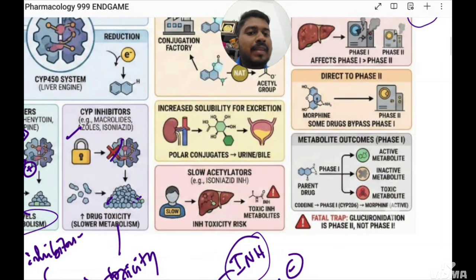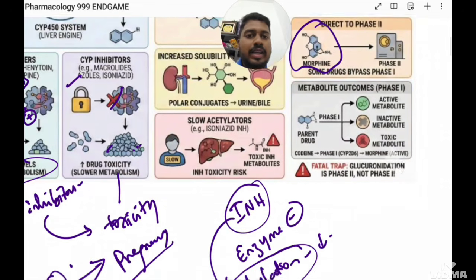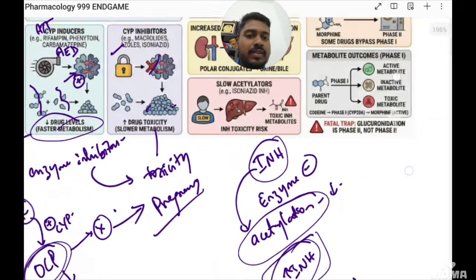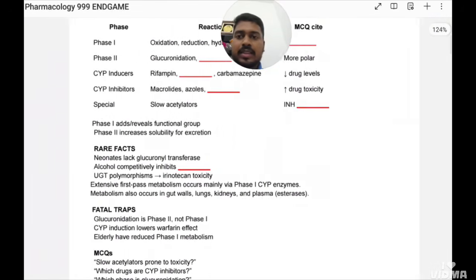Now, some drugs will directly bypass phase 1 and directly enter phase 2, and an example for that is morphine. So in your exam, the question will be: all of the following drugs will go through phase 1 to phase 2 except which one will skip? Answer is morphine.